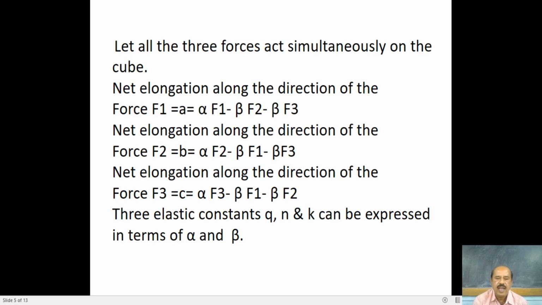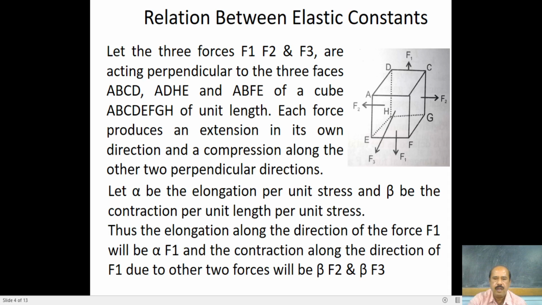The three elastic constants, namely Q, N, K, can be expressed in terms of alpha and beta.